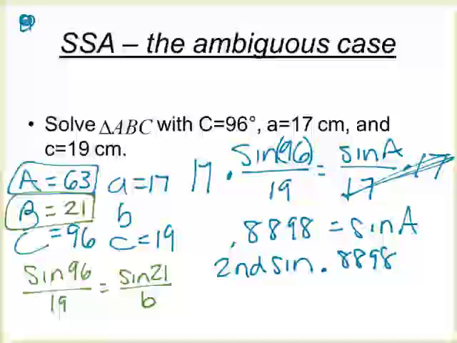Since the variable's on the bottom, we need to do the full cross multiplying here. So we're going to do b sine of 96 equals 19 sine of 21. And to get b alone, we're going to divide by the sine of 96.